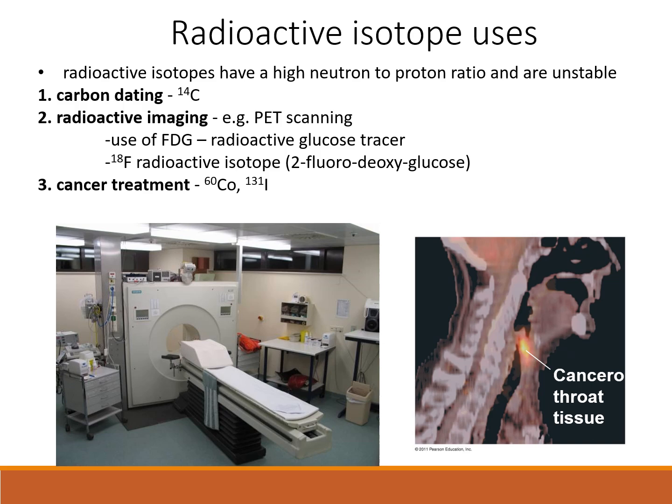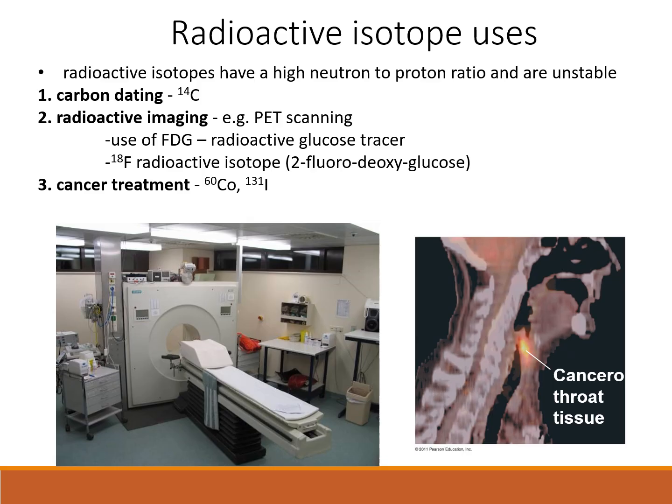For example, carbon-14 is used in something called carbon dating. The radioactive decay rate of carbon-14 is phenomenal. It is, I believe, something like 12,000 years before a radioactive carbon isotope loses half of its energy.